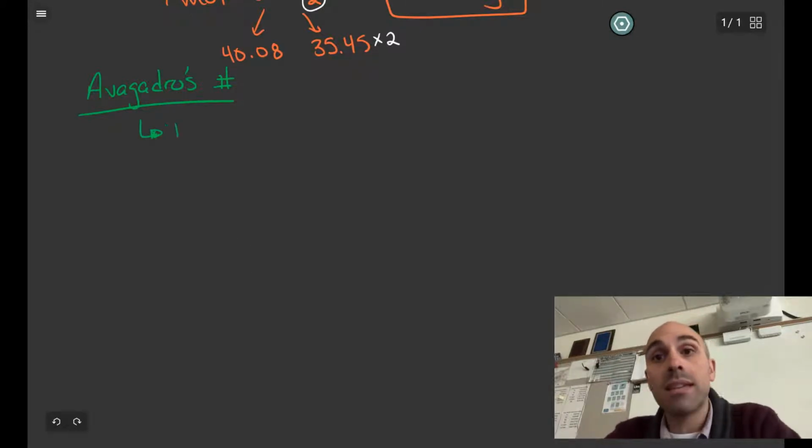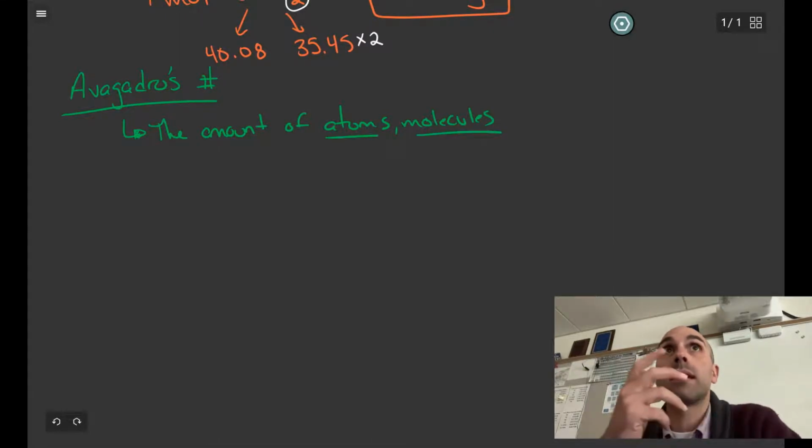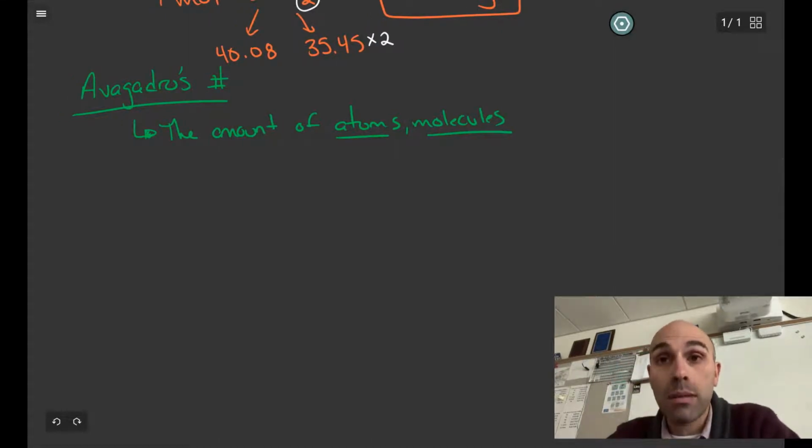Avogadro's number is the amount of atoms, molecules, or particles that are found in exactly 1 mole of any element, of any compound, of any substance. Please do not forget this number, 6.02 times 10 to the 23rd.